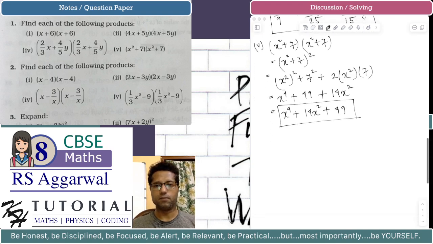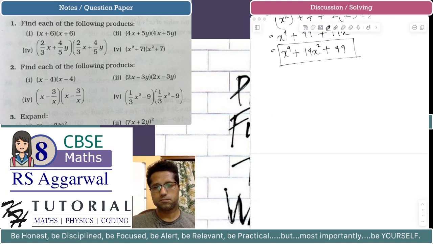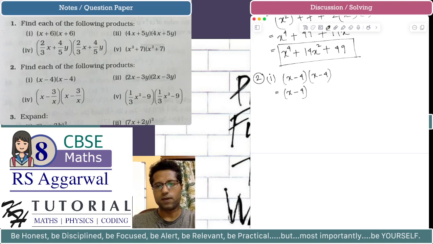Let's do problem number 2. Find each of the following products. Part 1 is x minus 4 multiplied by x minus 4. So this is equal to x minus 4 whole square.